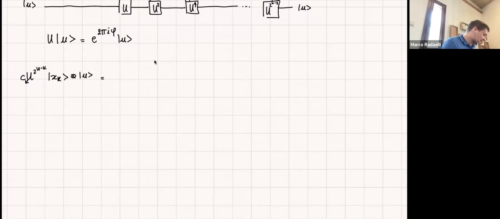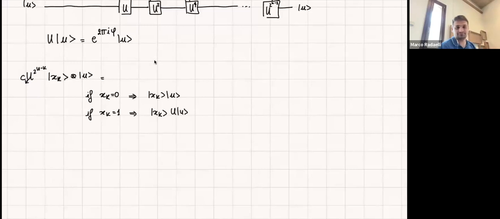So every time we have something like this, we can always think of it in this way. If x_k is 0, then the unitary is not applied, so the outcome is |x_k⟩|u⟩, right? If instead x_k is 1, then the unitary is applied, so the result is |x_k⟩ with U to the power 2^(n-k) applied to |u⟩.